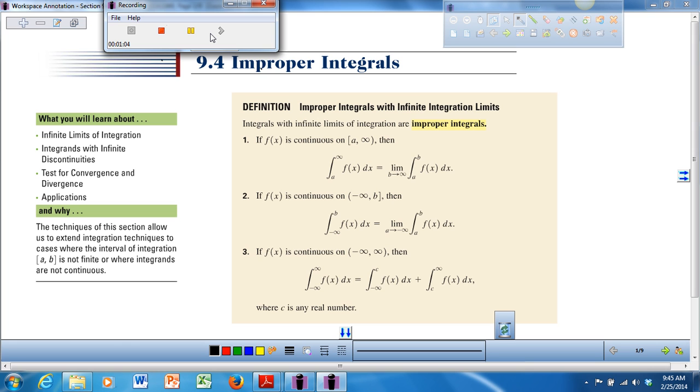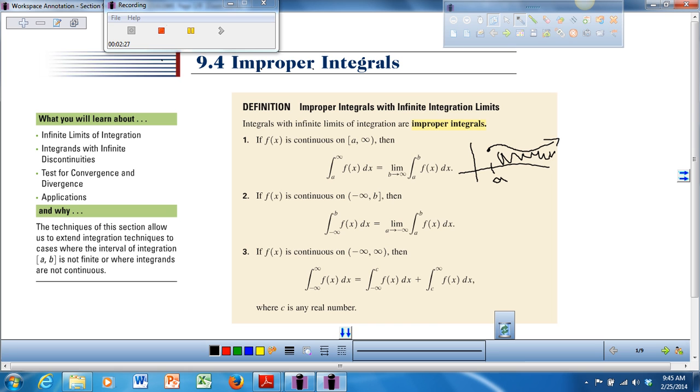Let's think about what we are actually finding. If we have an integral from a to infinity of f of x dx, what we're really looking for is the area under the curve of some function from a forever outward, like this.